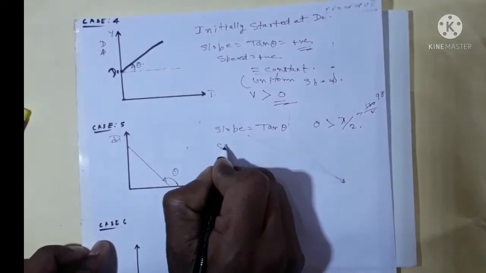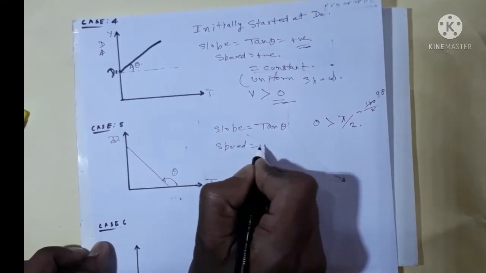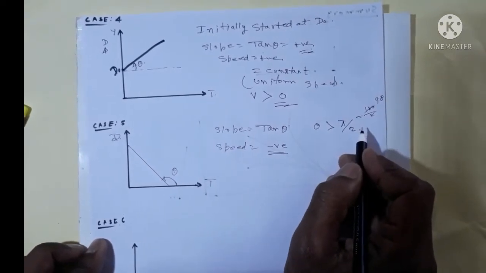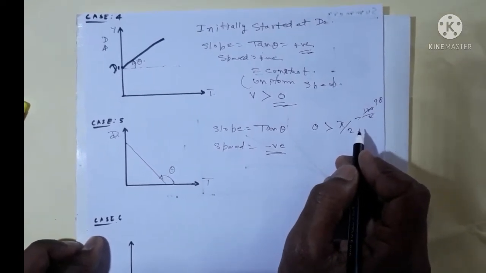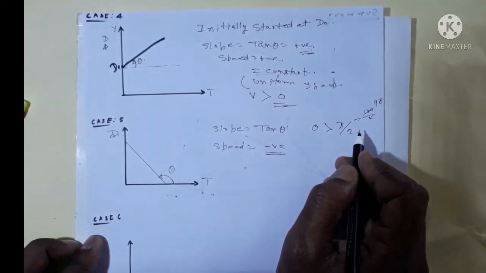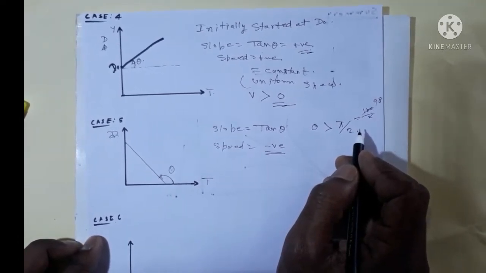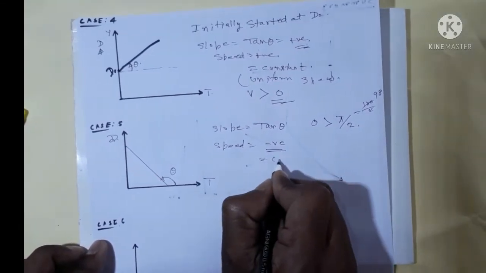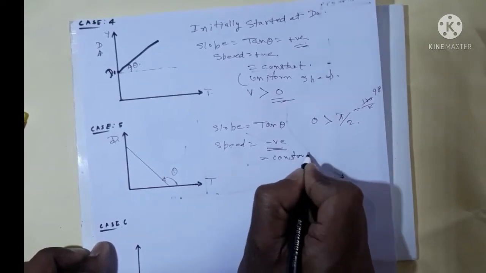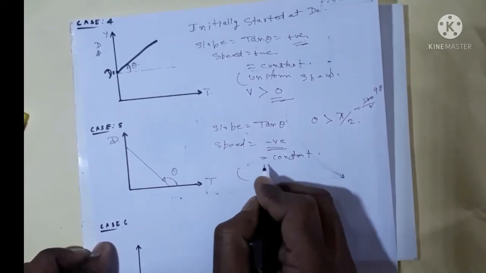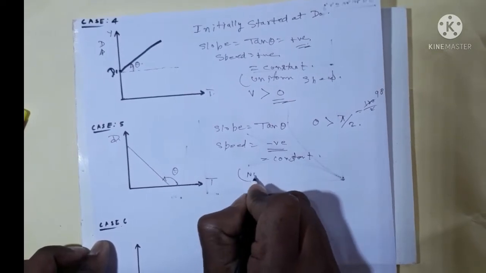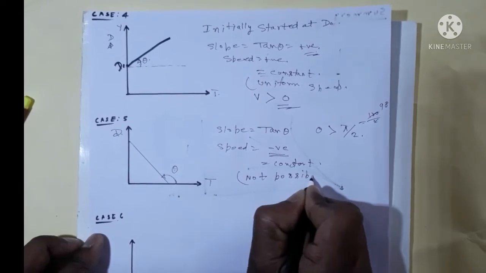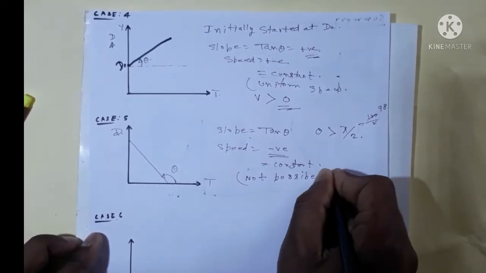So slope is equal to speed is equal to negative. How negative? Because theta is greater than 90 degree. So tan theta value from 0 greater than 90 degree is negative, so speed is negative and constant, so this type of graph is not possible. So this type of view is not possible.